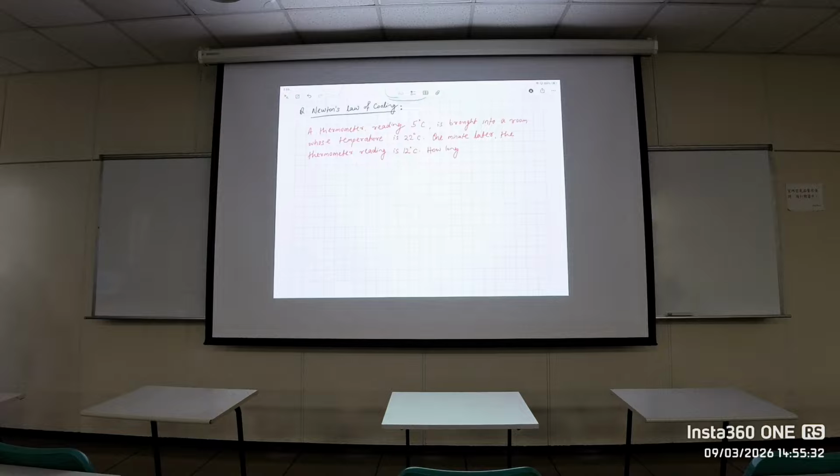How long does it take until the reading is practically 21.9 degree centigrade.